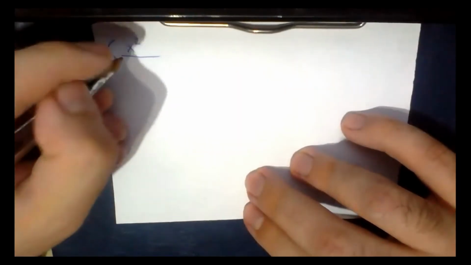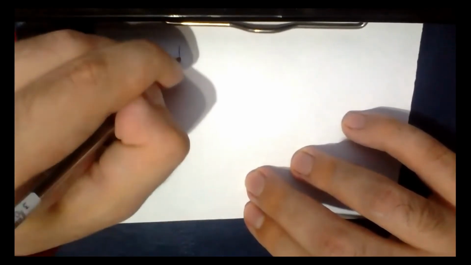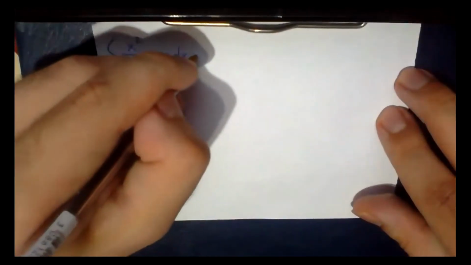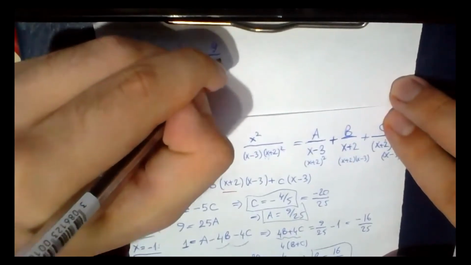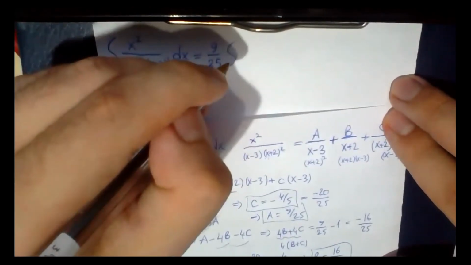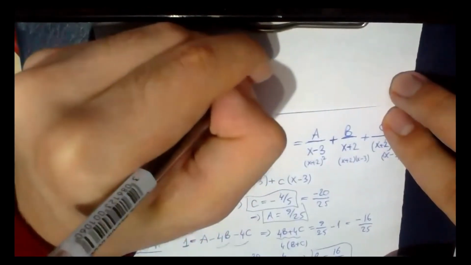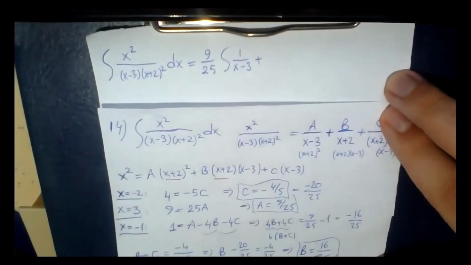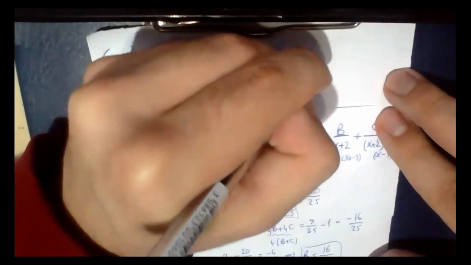Integral of x squared over x minus 3 times x plus 2 squared dx can be equal to, what was a, 9 over 25, 9 over 25 times integral of 1 over x minus 3 plus b times, what was b? 16 over 25 times 1 over x plus 2 dx plus, what was c?